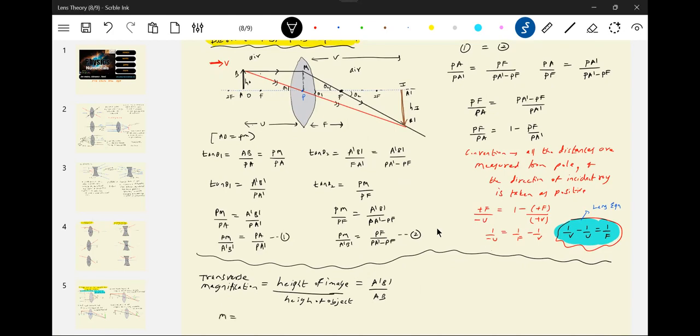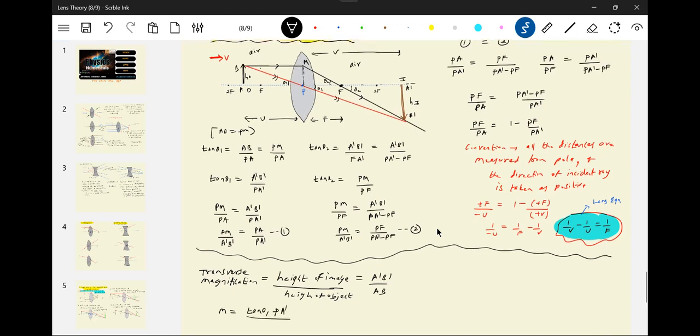A dash B dash we can write as tan theta 1 into PA dash.